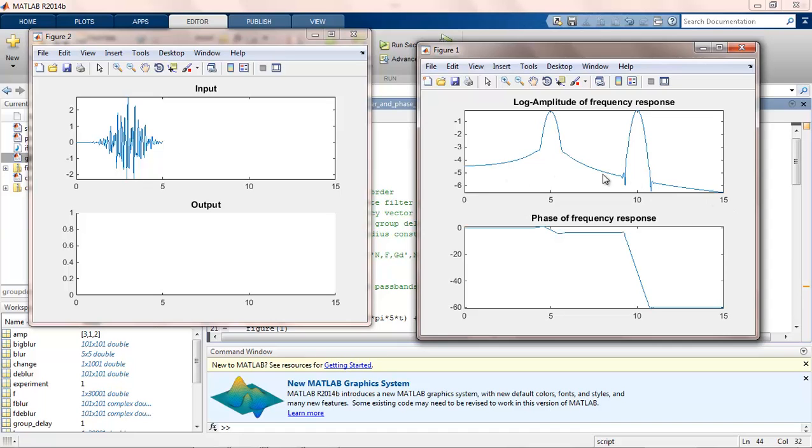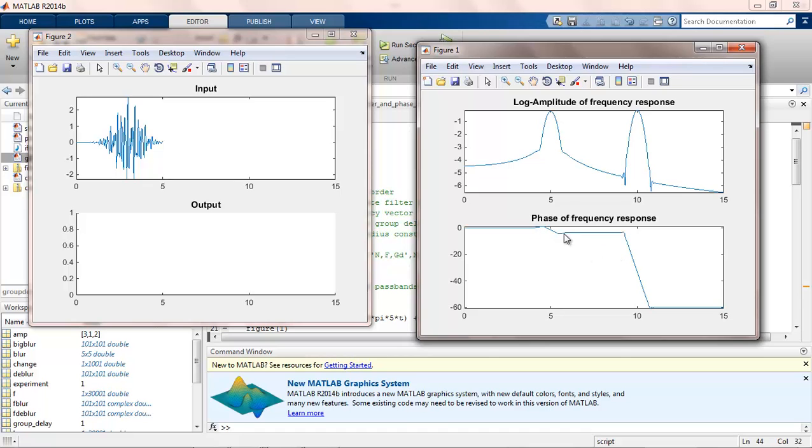It's a real filter, so it's symmetric for negative frequencies. And here's a log magnitude. So we see that frequencies 5 and 10 will be passed through without much change. Other frequencies, this is a log scale, so they'll be actually mostly eliminated from the output.